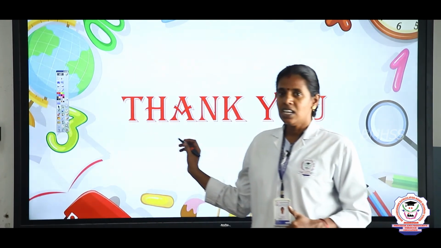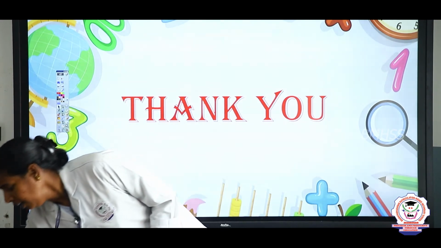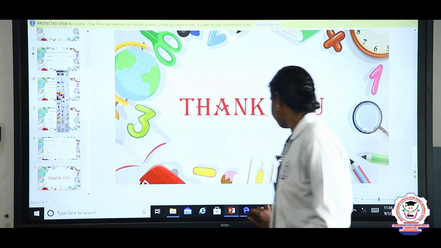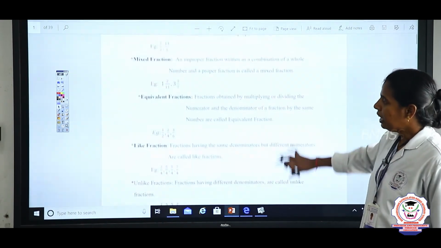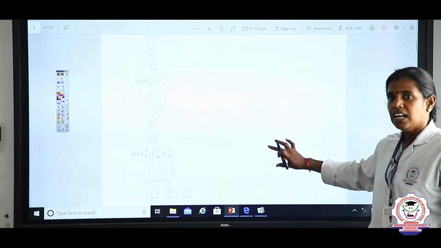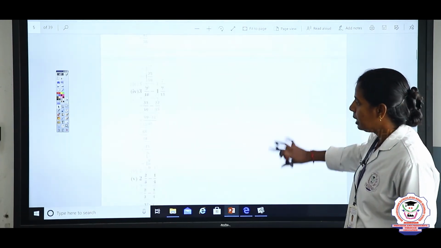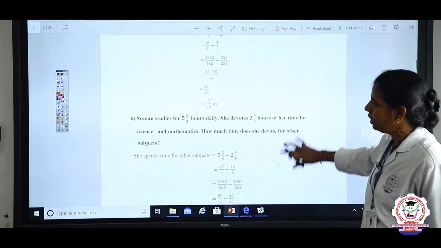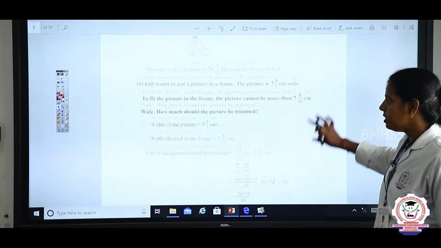Okay. Using this class we can see the study material. See the study material which is attached in your description box itself. In the study material, exercise-wise we have given the questions with answers.